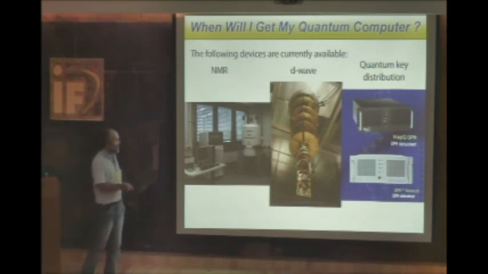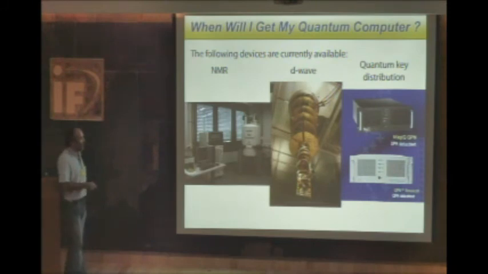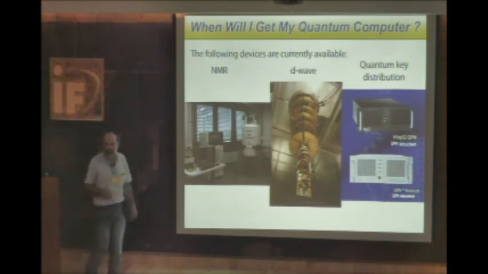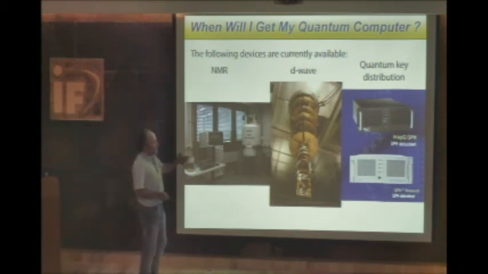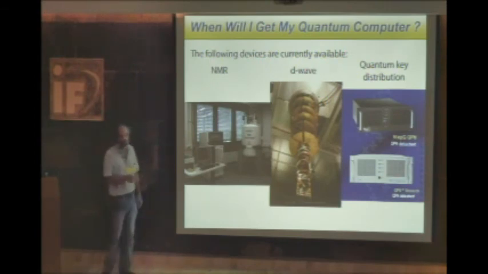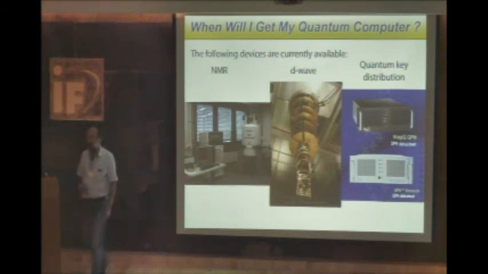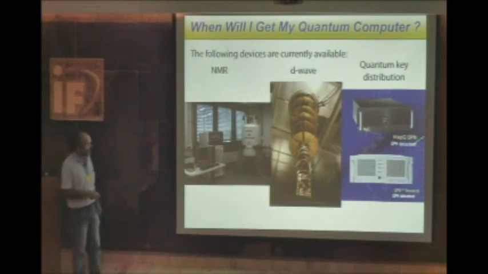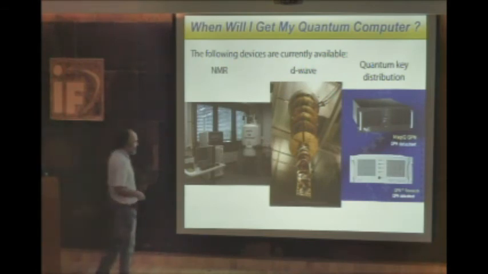Then there's a commercially available type of quantum computer which the Canadian company D-Wave offers you if you have a few millions of spare cash available. And there are quantum devices for quantum communication. There's about 10 companies now which offer quantum key distribution systems for optical communication.